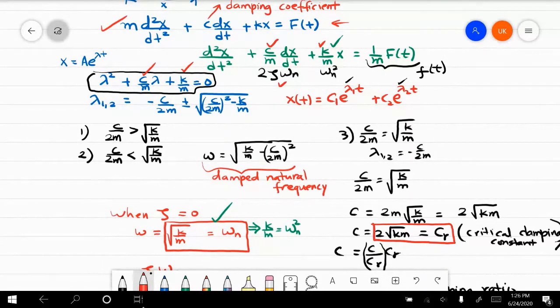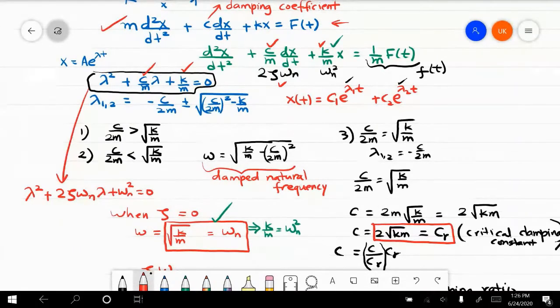Okay, so that this equation can be written as lambda squared plus 2 times zeta omega n lambda plus omega n squared equals 0. And not only that, even the solution for this lambda, which contains c over m, k over m, so even this can be written in terms of omega n and zeta, and we should do that.